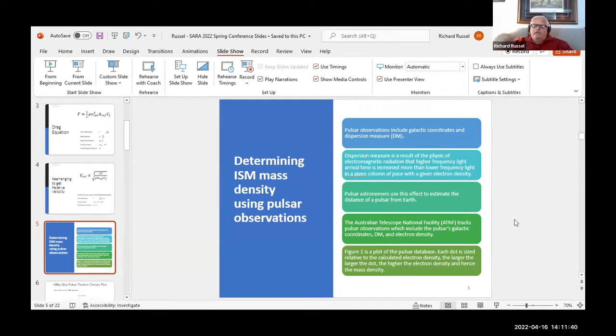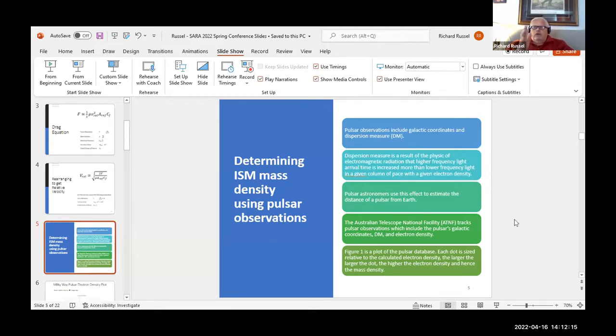One of the things I did was I took the entire database from the ATNF database, and I took the galactic coordinates, which assume the center of the galaxy is 0,0 in XY. Then we are about, in the Y coordinate, 8.5 kiloparsecs from the galactic center.